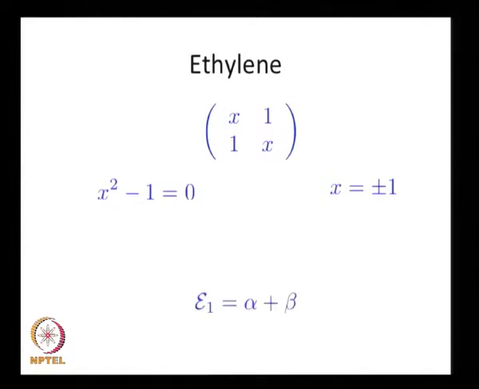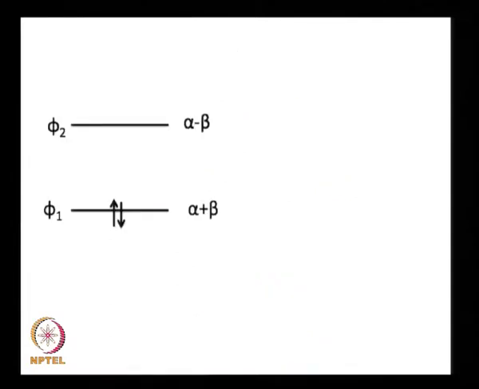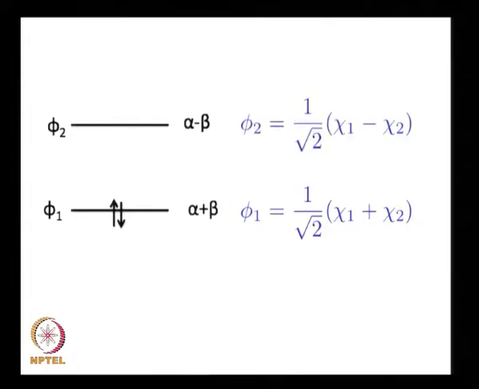This means that you will get epsilon 1 which is equal to alpha plus beta, then you will also get epsilon 2 which is alpha minus beta, and as I told you, beta is approximately 230 kilojoules per mole. These are the molecular orbitals phi 1 and phi 2, and the expressions for them are also here. Phi 1 is given by that, while phi 2 is given by that expression. We have already done this.